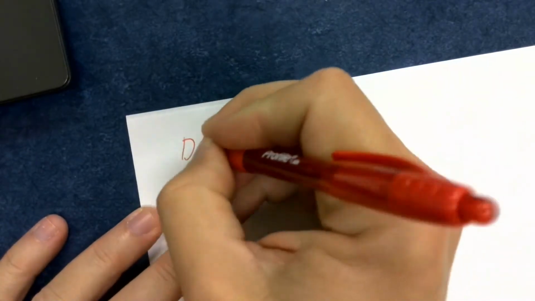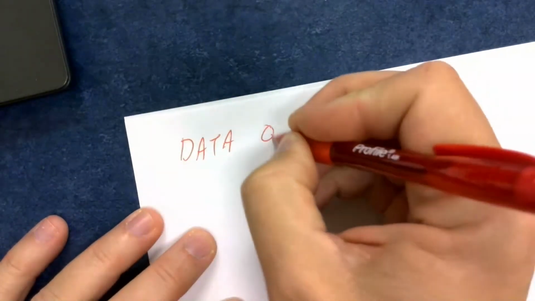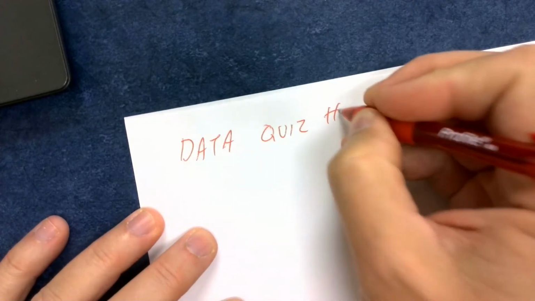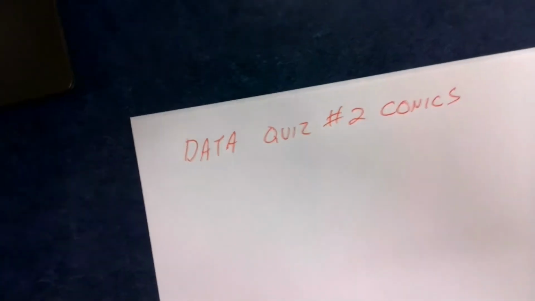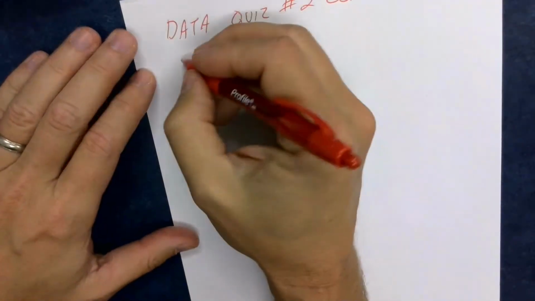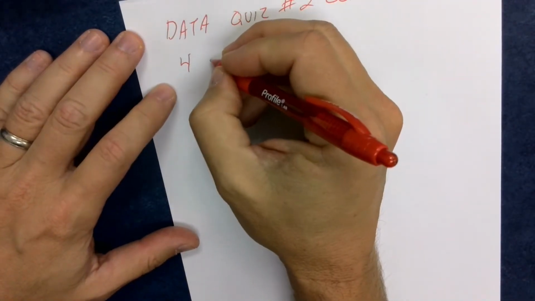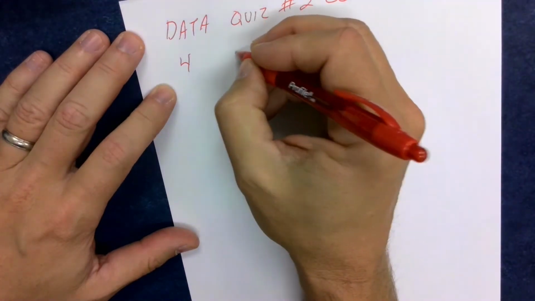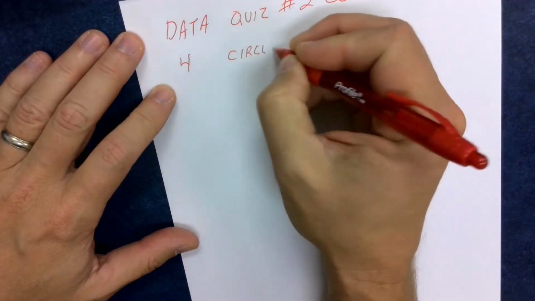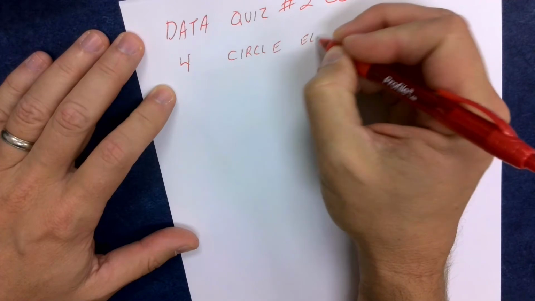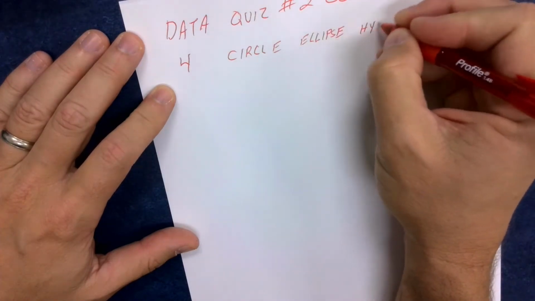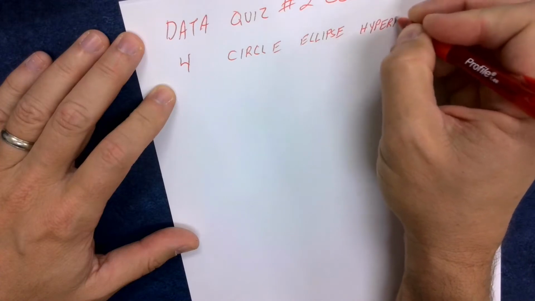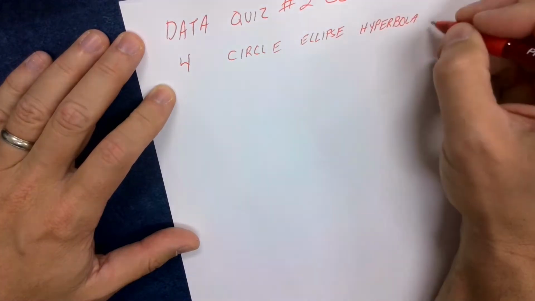Okay, so first thing for data, again, quiz number 2, conics. Most obvious thing, you need to know what the 4 of them are. So what are those 4? So circle, ellipse, and hyperbola, and parabola.